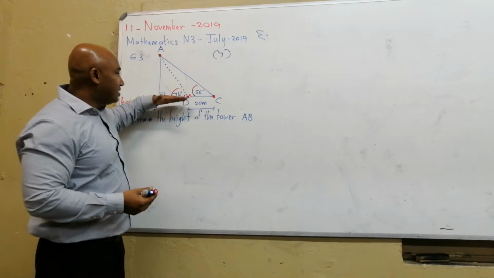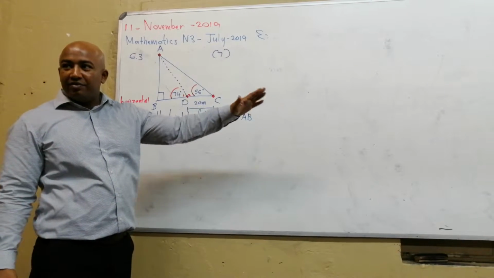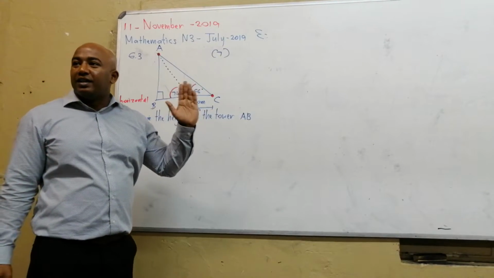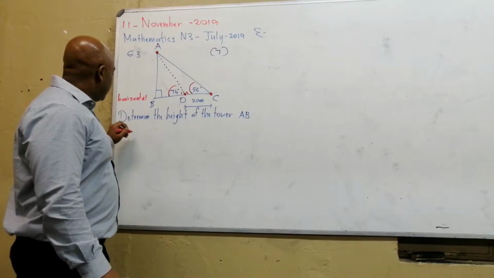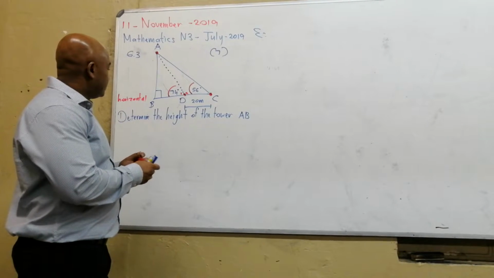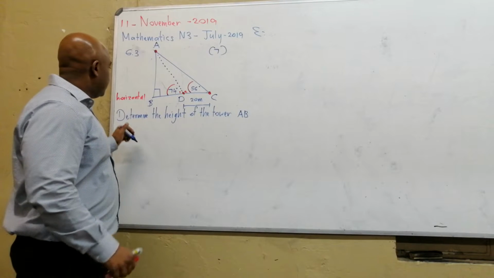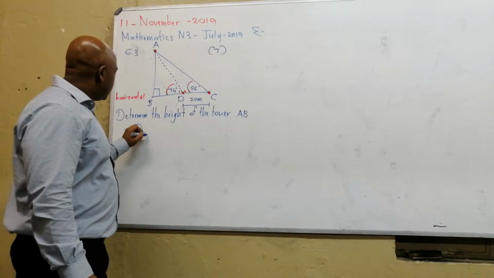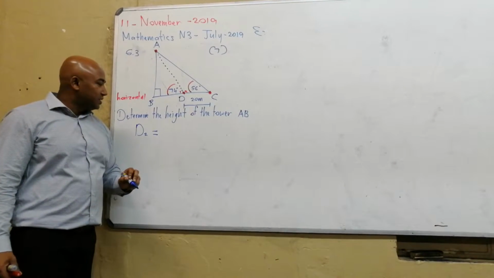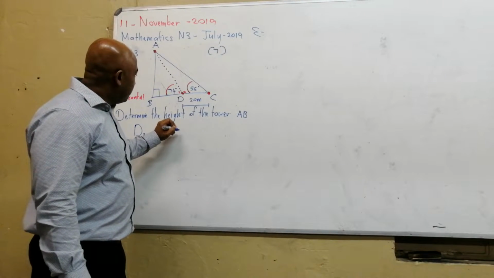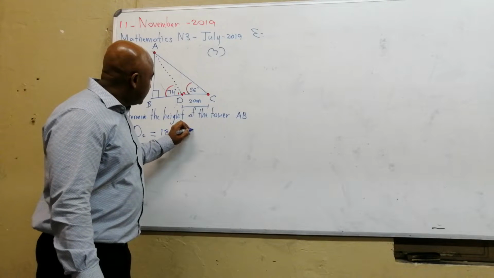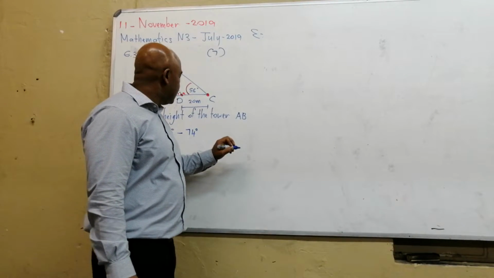180 minus, because the angles in a straight line, if you measure the angle, it's 180 degrees. Okay, so let's write down D2 is equal to 180 degrees minus 74 degrees.